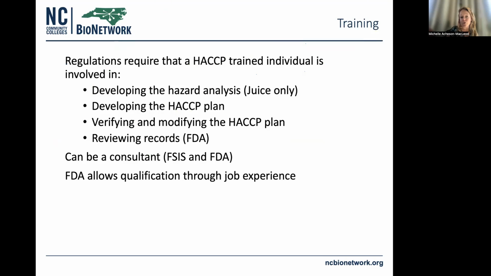Now, training regulations require that a HACCP trained individual is involved in developing your hazard analysis, but that's only for juice, developing your HACCP plan, looking at verifying and modifying the HACCP plan, and reviewing the records, and that's specifically for the FDA. This person can be a consultant.